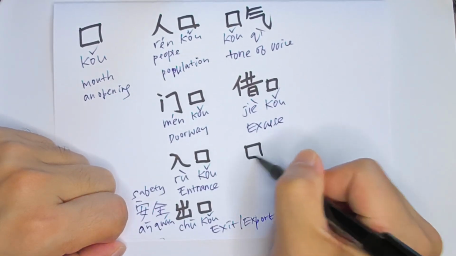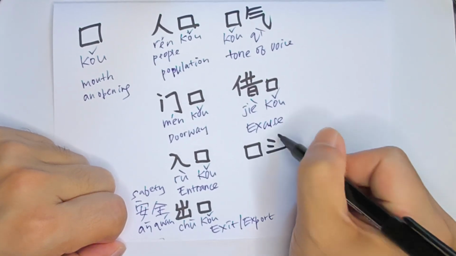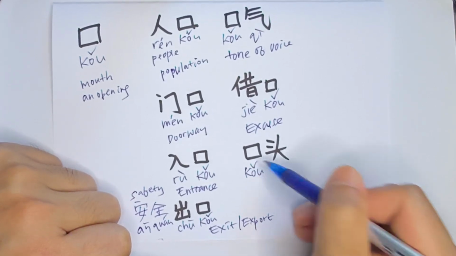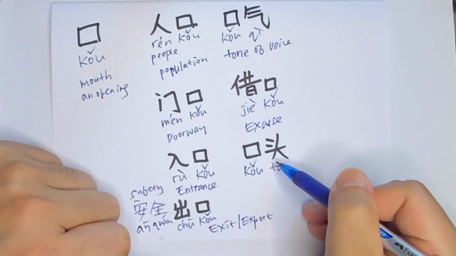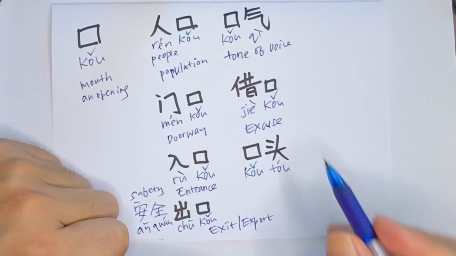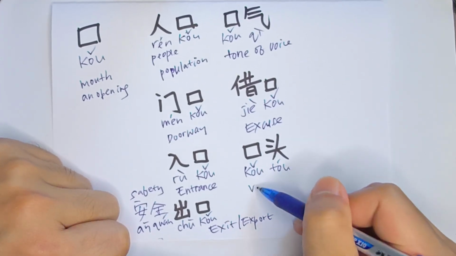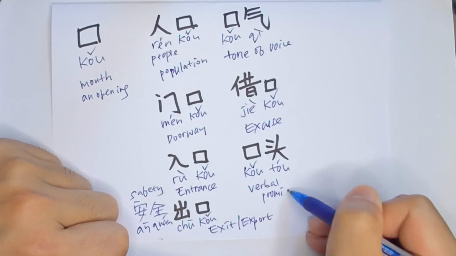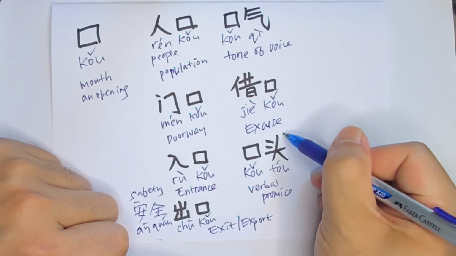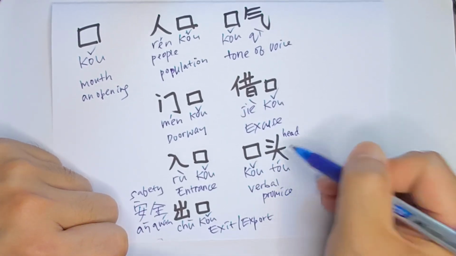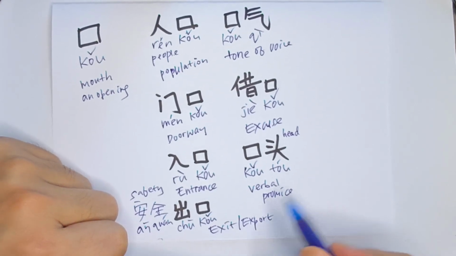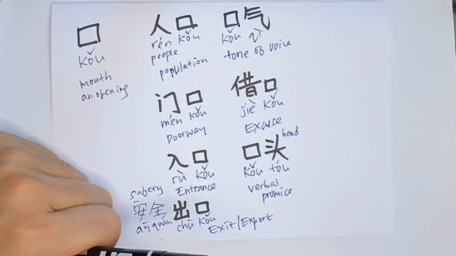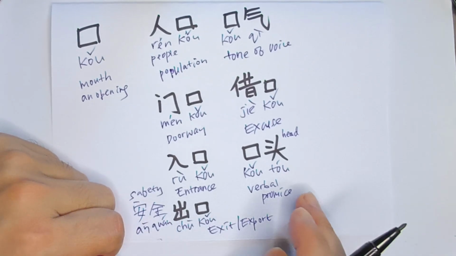And if it's something verbal only, 口头. 头, second sound. 口头 means verbal. 头 is actually your head, but together they mean verbal. Just something you're saying, with no writing or anything.